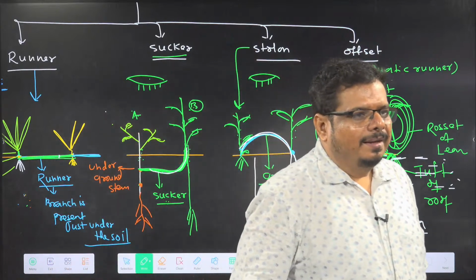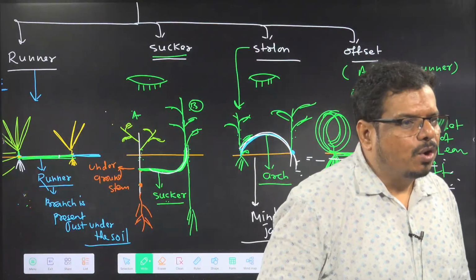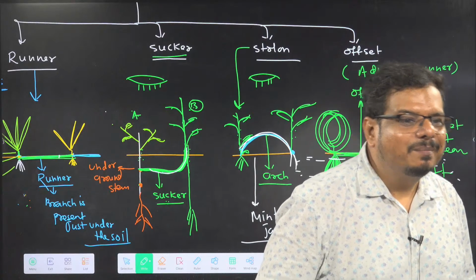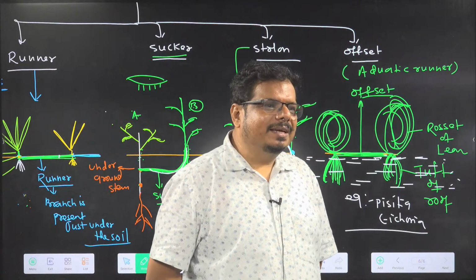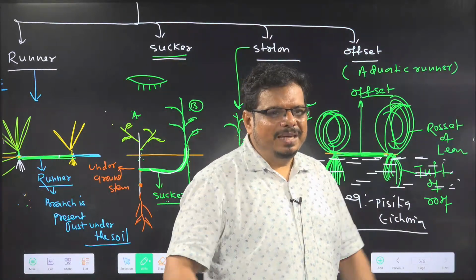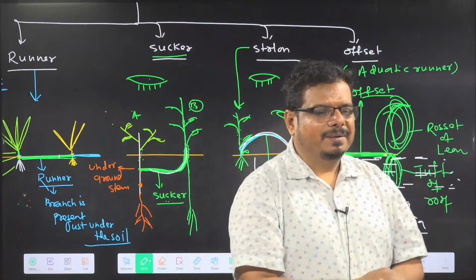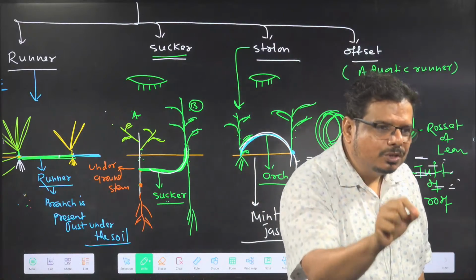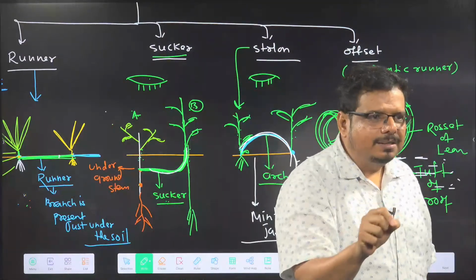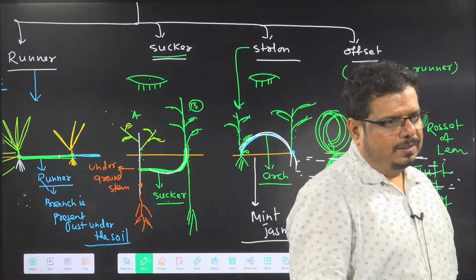Now, here one thing is in controversy, that is strawberry, and another thing also in controversy, that is mint. I am telling you the story of mint. Today you try one thing, go through the PYQ, last year papers. In morphology, one year a question came, and the question was, mint belongs to.